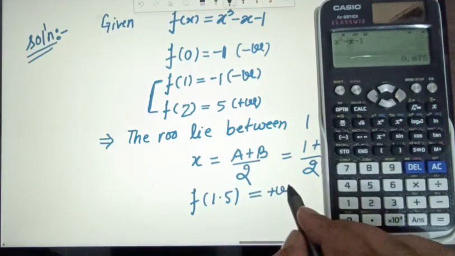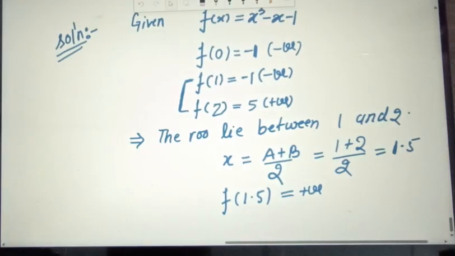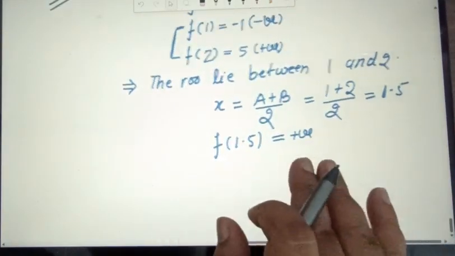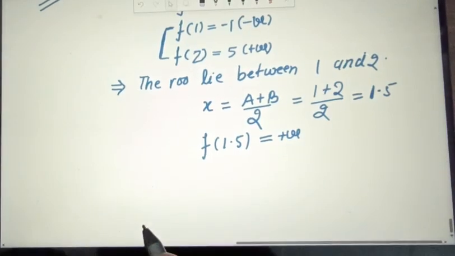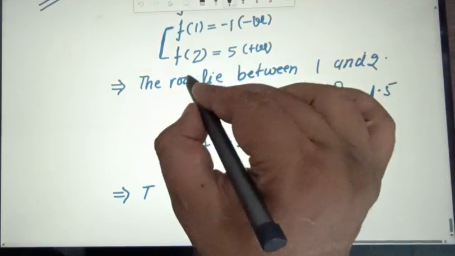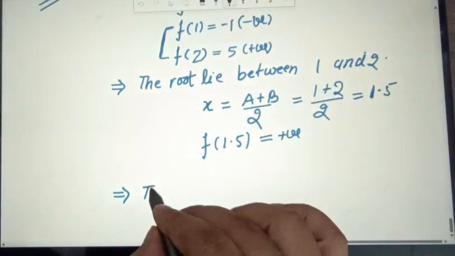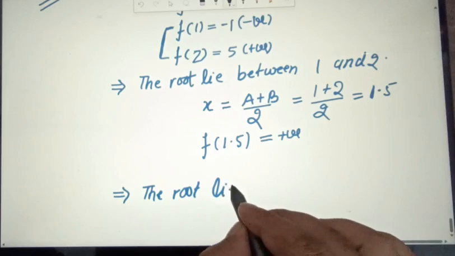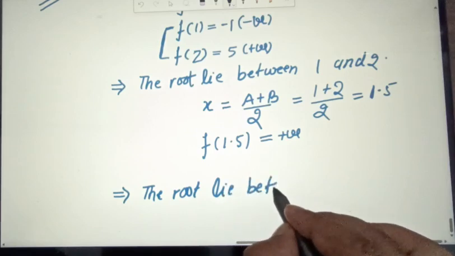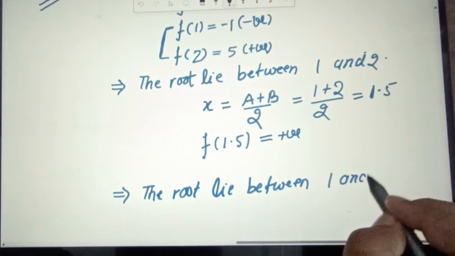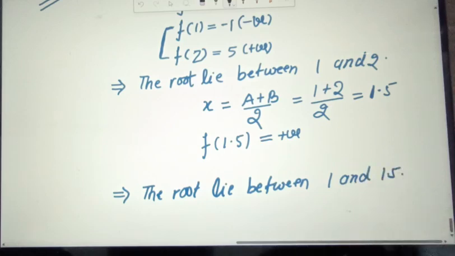So what does it mean? This implies that the root lies between 1 and 1.5, right? This one.